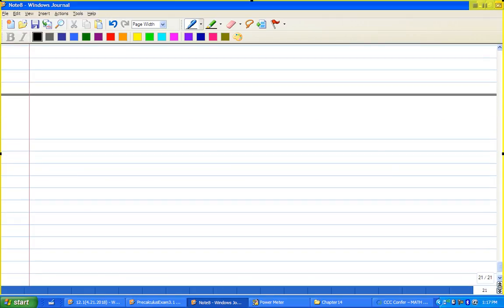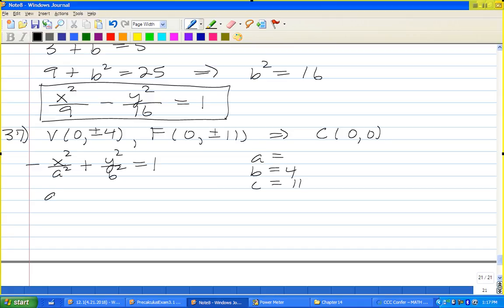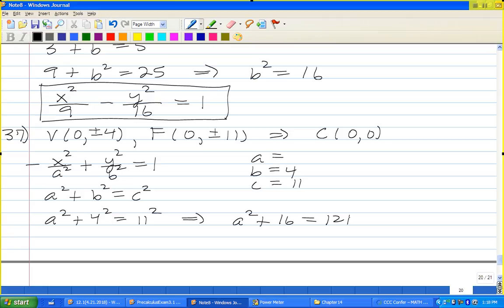I know that a squared plus b squared equals c squared. And so a squared plus 4 squared is 11 squared. So that says that a squared plus 16 is 121. And so a squared is 105, subtracting 16 from both sides of my equation.